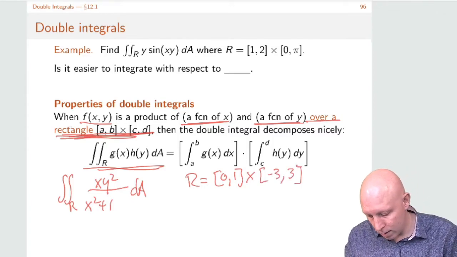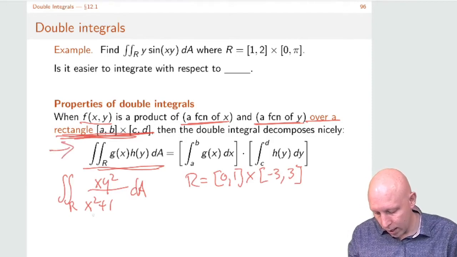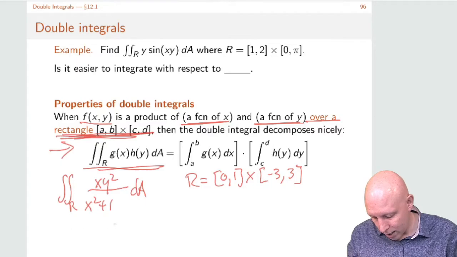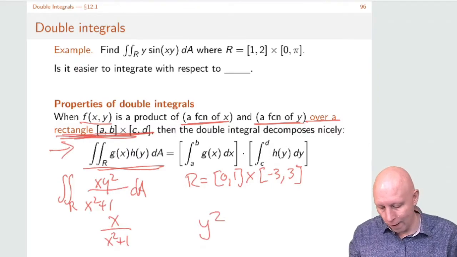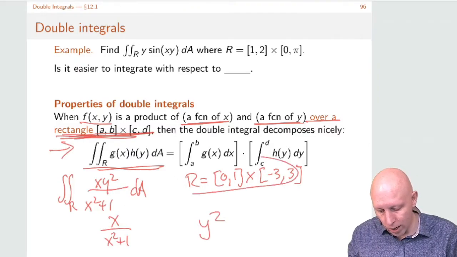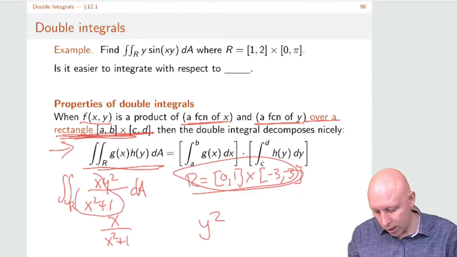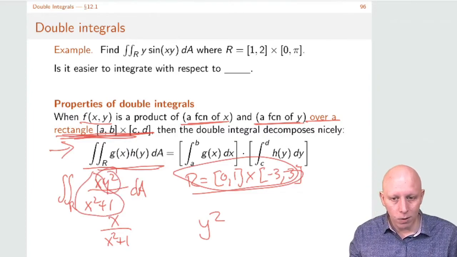What this property is saying is that we can write this expression as x over x squared plus 1 times y squared. So we're on a rectangle, and our function is a function of x times a function of y.